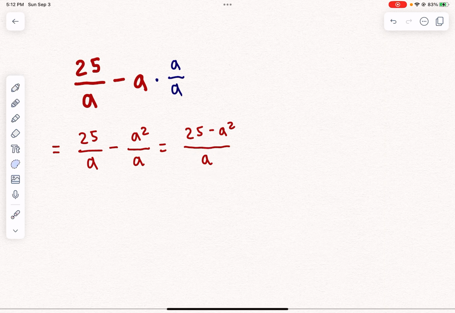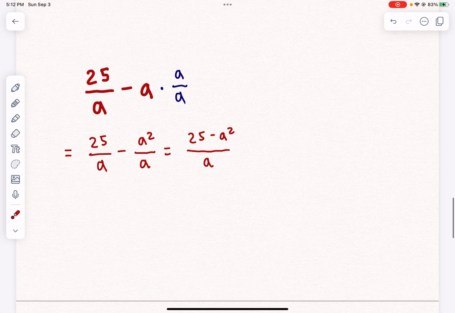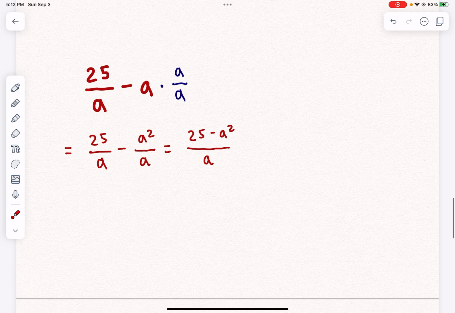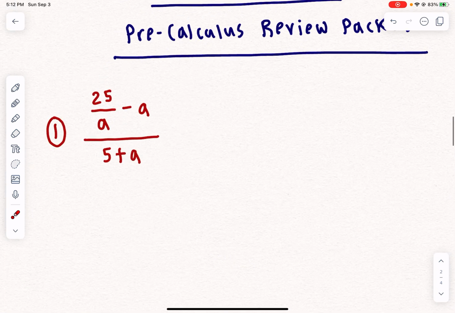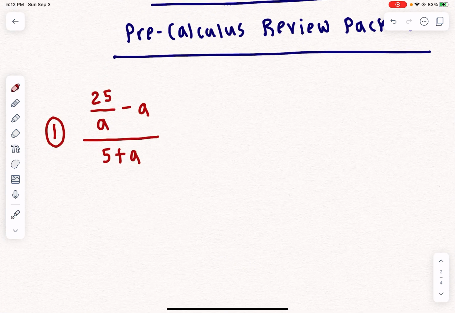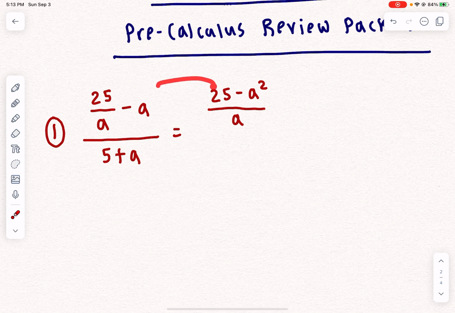So now that we simplified the numerator of our expression that they gave us, I'm going to rewrite this and go back to our original expression. So this is equal to 25 minus a squared all over a. So that's another way to write this.